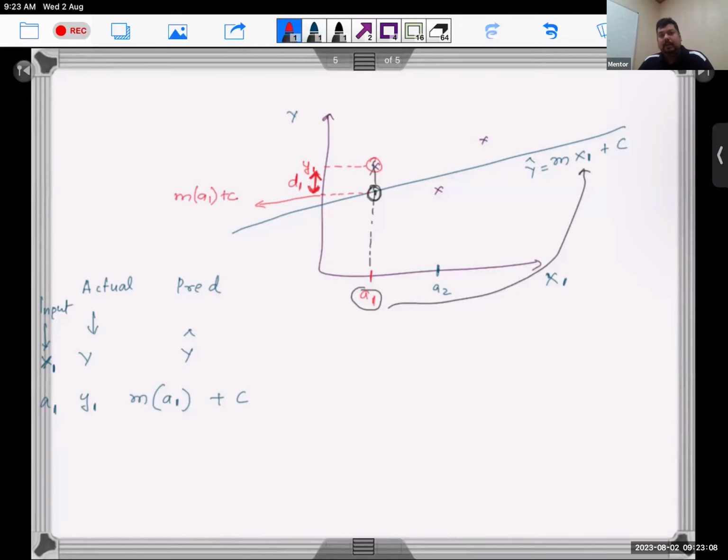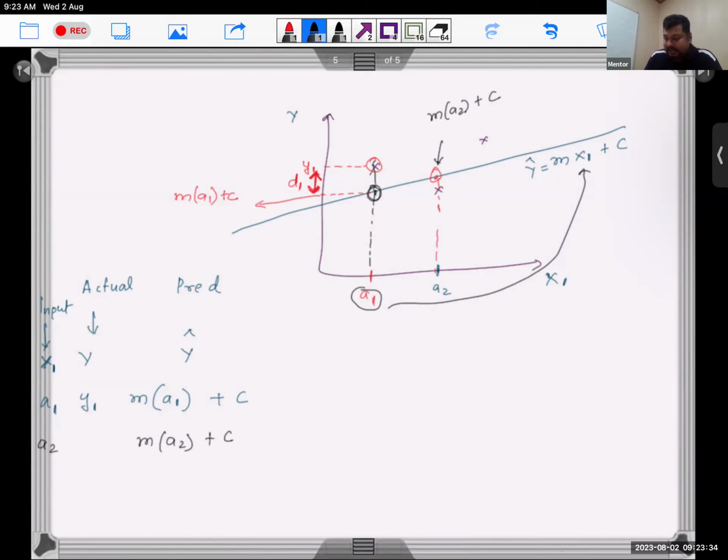All right. Let's do it for the second point. If you do it for the second point, you are going to measure basically the distance between, this is where you can say the prediction is. So what would be this value? M times A2 plus C. Does that make sense?